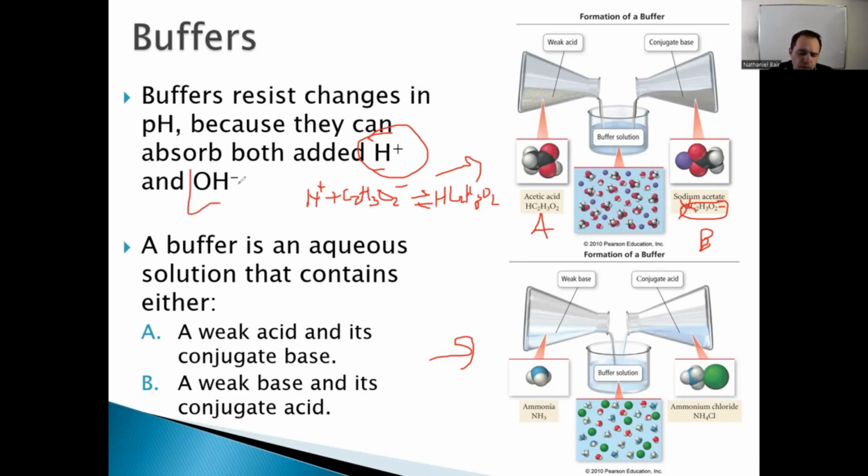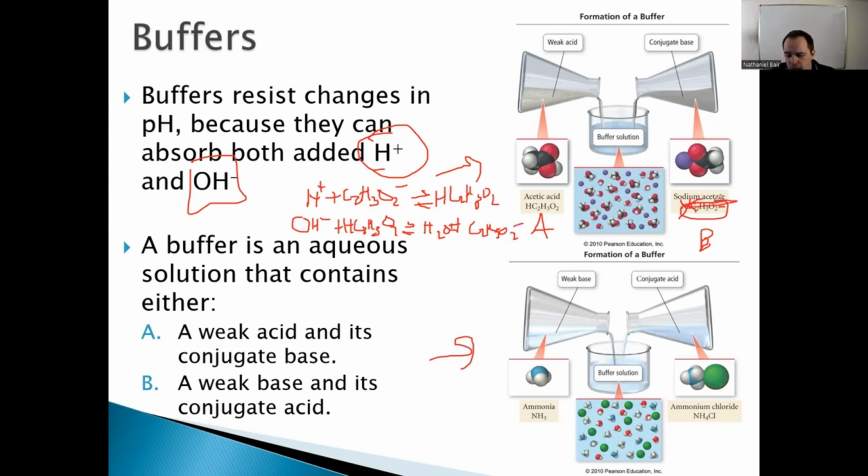But what if I add hydroxide? Well, if I add hydroxide, the acidic component of the buffer, HC2H3O2, is going to react with it. The hydrogen is going to get pulled off, and then we will make more of the conjugate base, acetate.